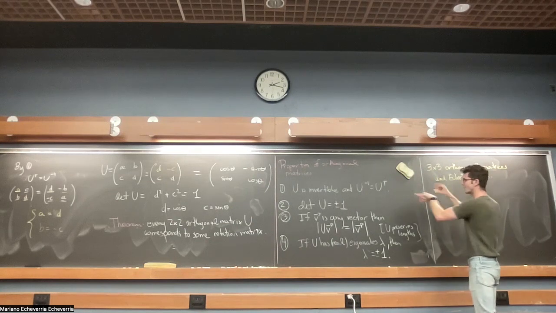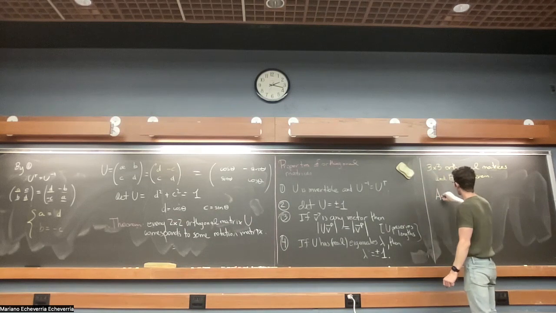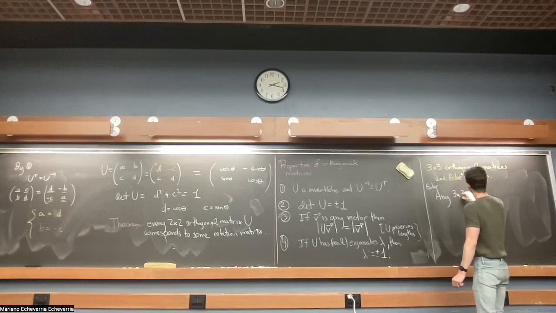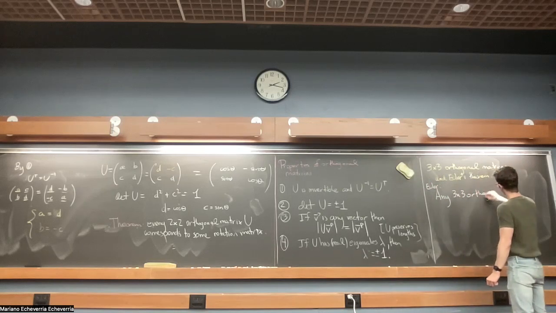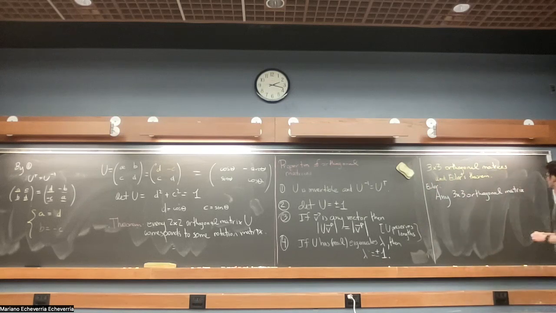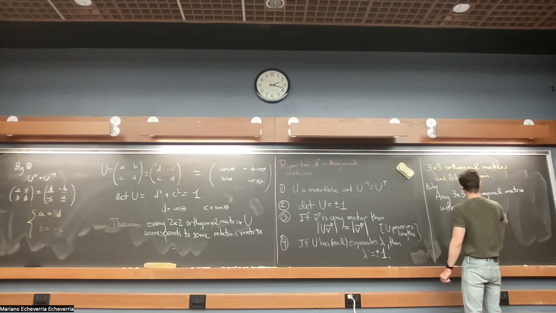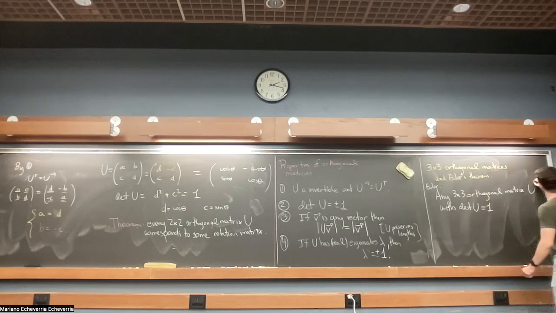In terms of linear algebra, here's what Euler proved: any 3 by 3 orthogonal matrix with determinant 1 has an eigenvalue equal to 1.